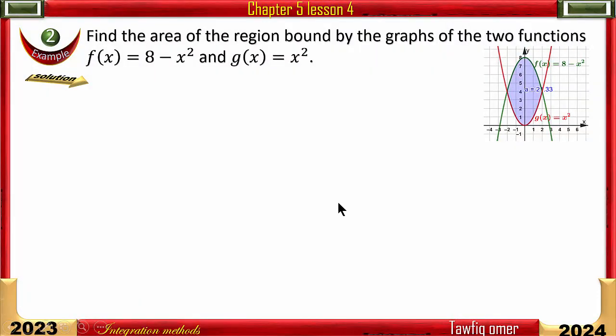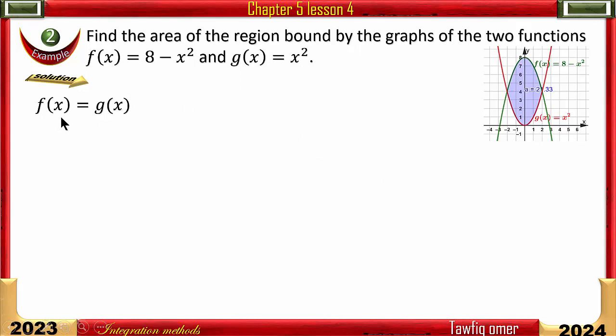Let us take the first example. Find the area of the region bounded by the graphs of the two functions f of x equals 8 minus x squared and g of x equals x squared. First of all, let us find the intersection between f of x and g of x.